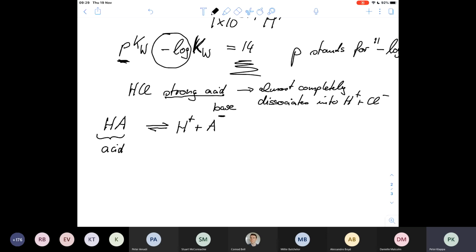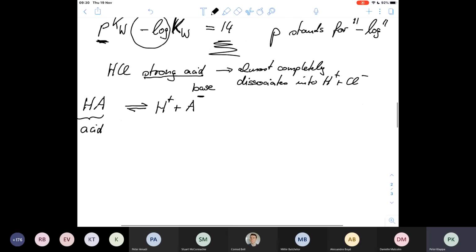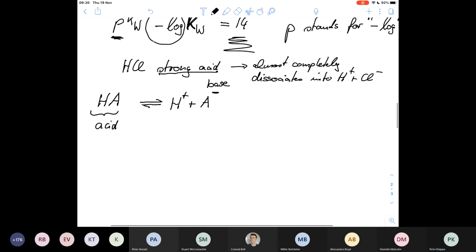So what we can do for this is exactly the same as we've done for our water. We can write an equilibrium constant, where we have H plus times A minus divided by HA.